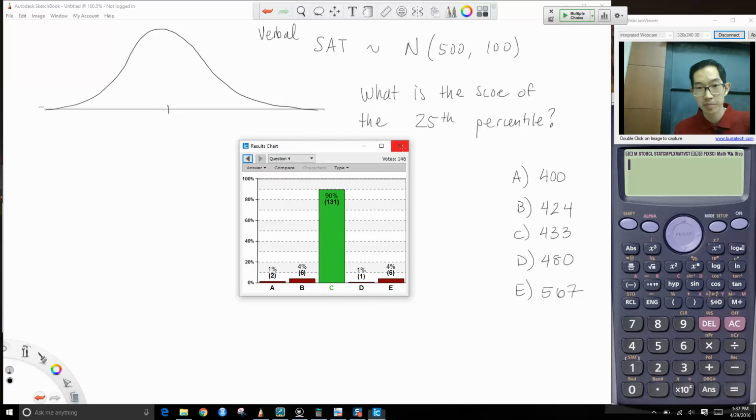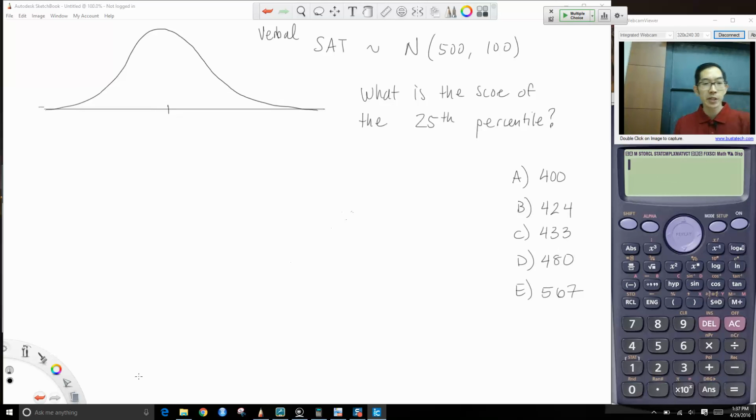Okay. All right, let's take a look. We're going to put 500 in the middle here, and we want to draw a cutoff line so that this amount is 25%.